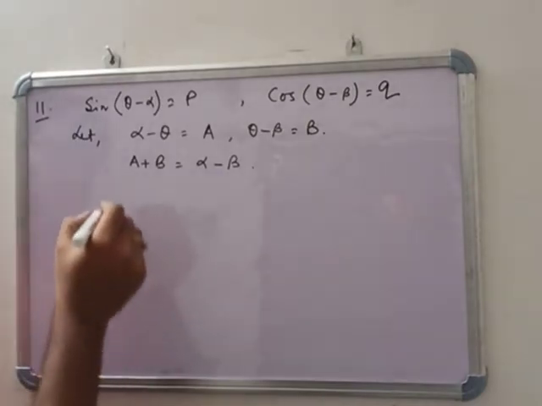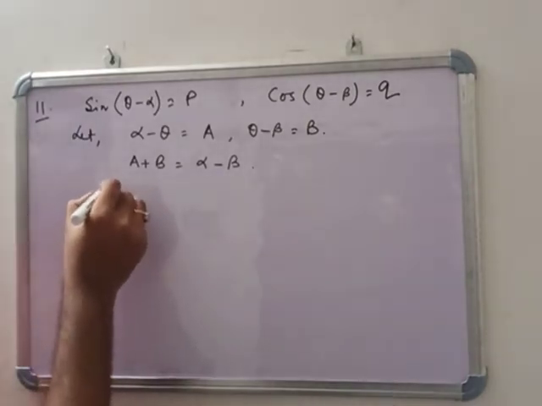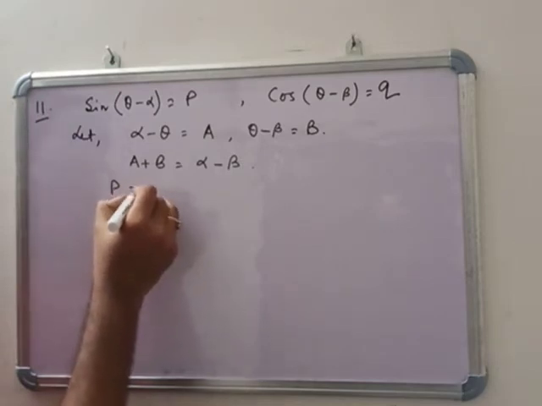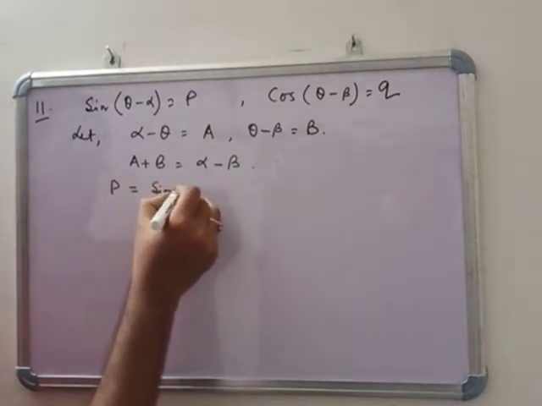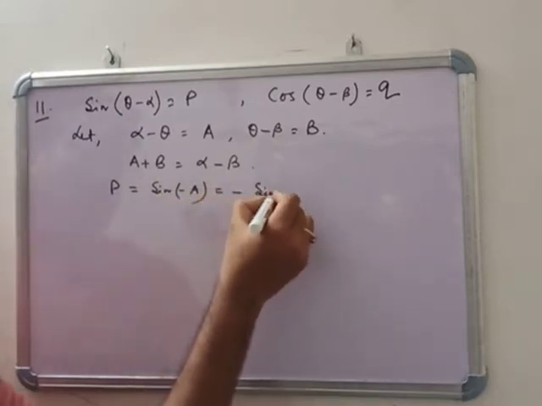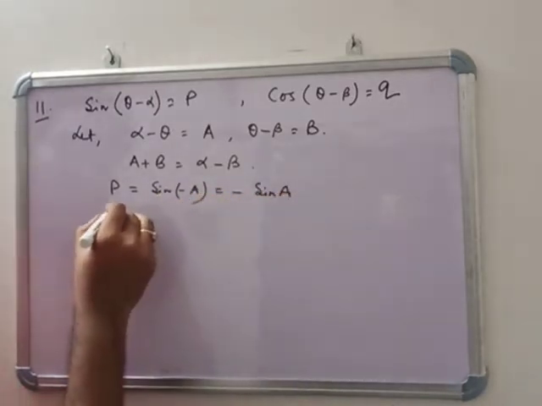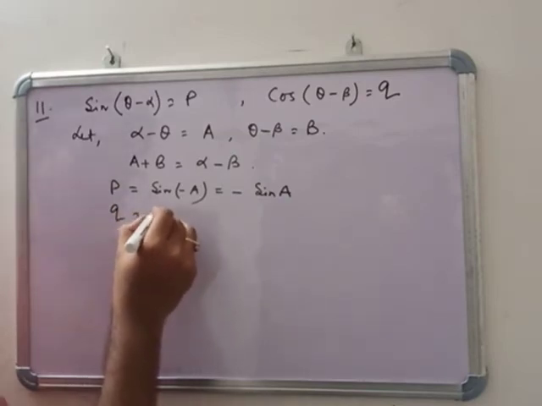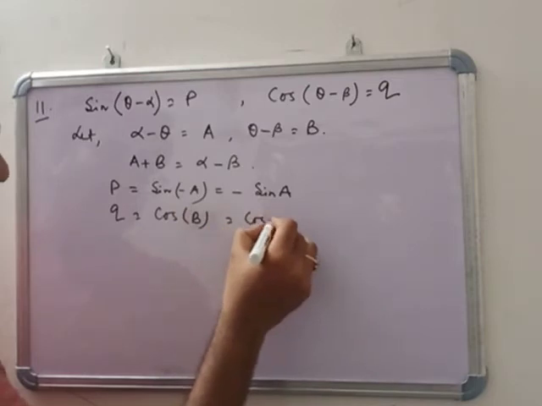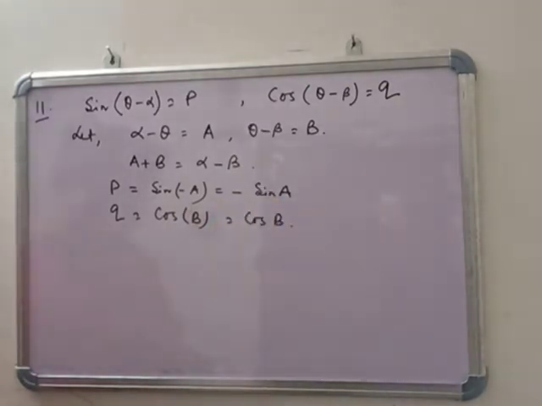So that means P equals to sine of minus A, that means minus sine A, and Q equals to cos B, that means cos of B. Okay.